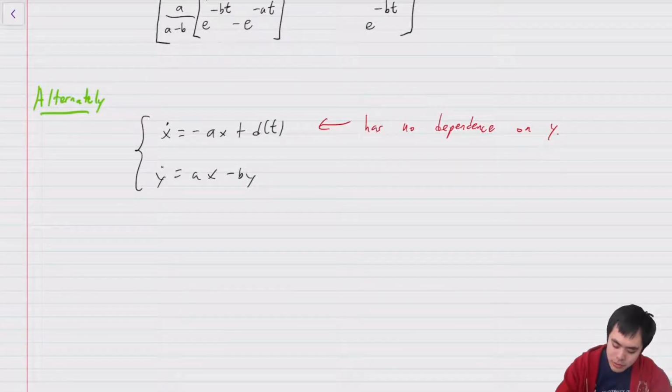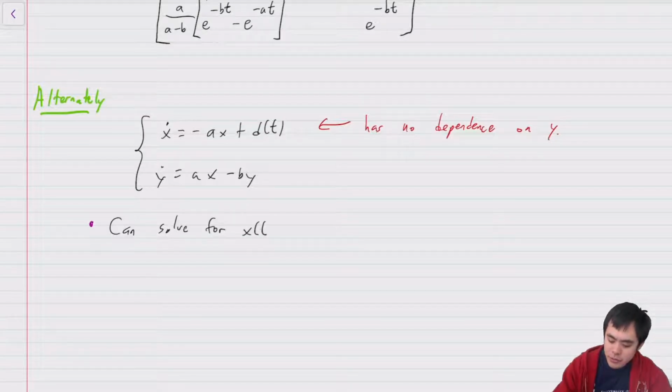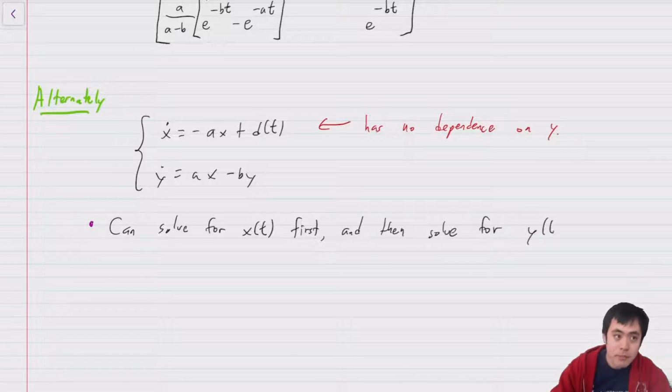So what we can do is solve for x of t first, and then solve for y of t.